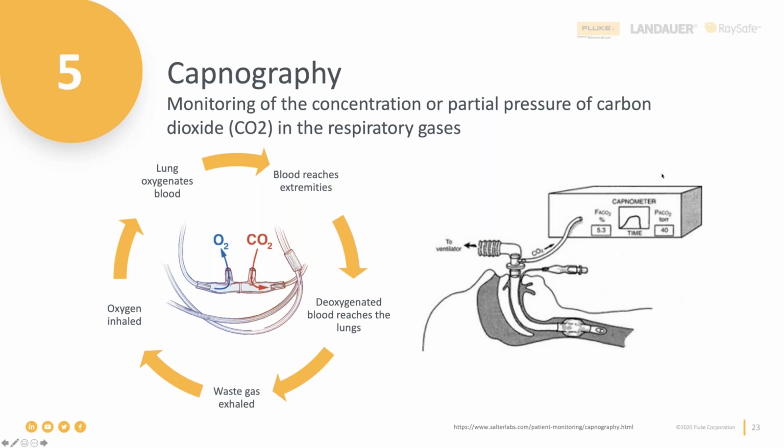This breath-by-breath measurement shows how the body is actually metabolizing the oxygen into carbon dioxide, and it's a much more instantaneous measurement. So again, in the image here, you'll see that it's hooked up to a patient who's ventilated. So SpO2 gives you the measurement of how much oxygen is in the blood, and capnography, EtCO2, gives you the measure of how that body is metabolizing that oxygen.